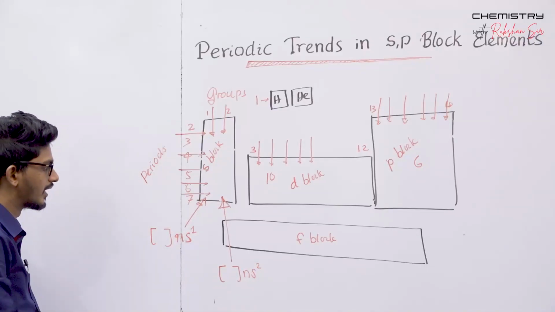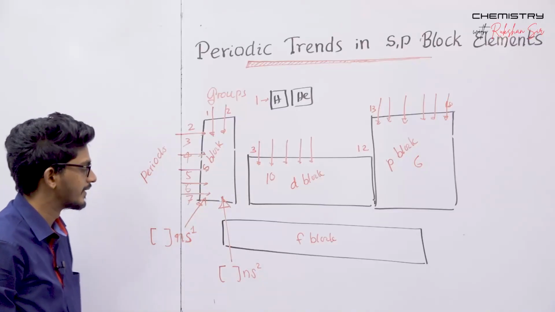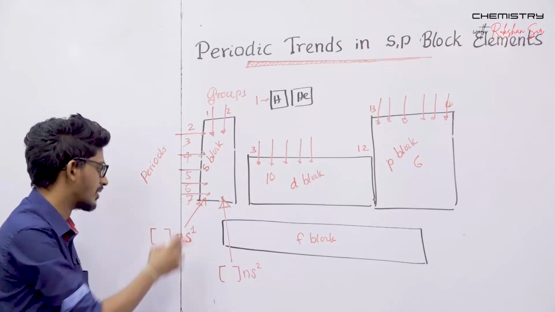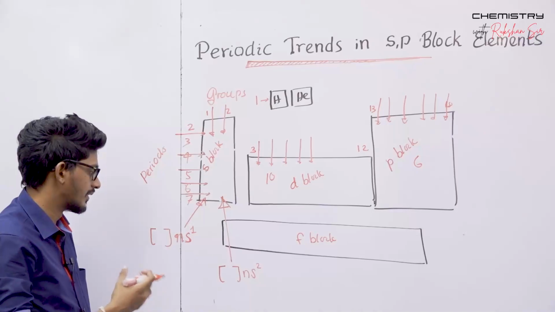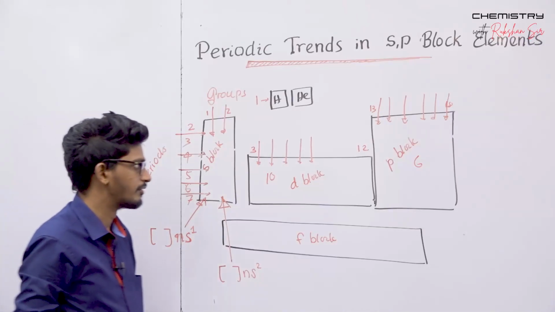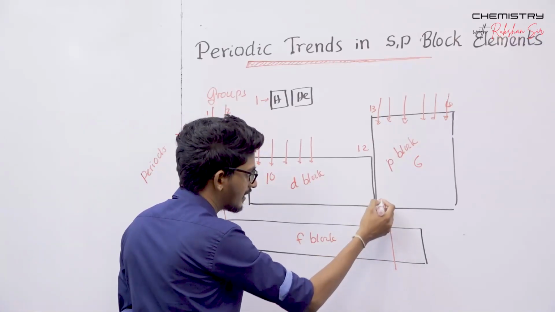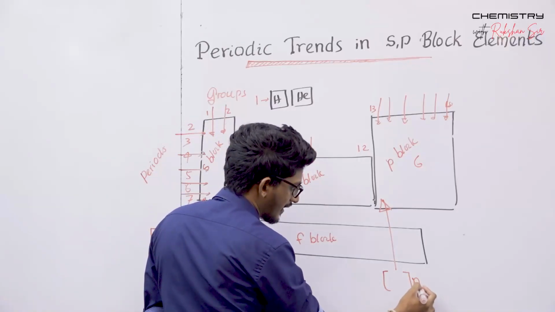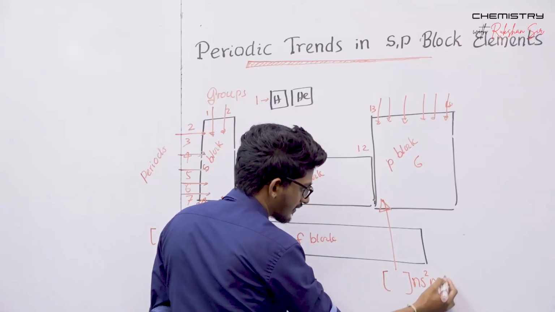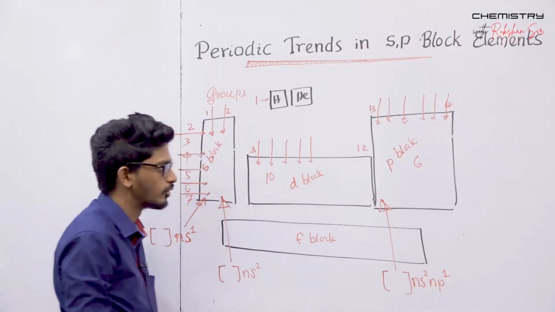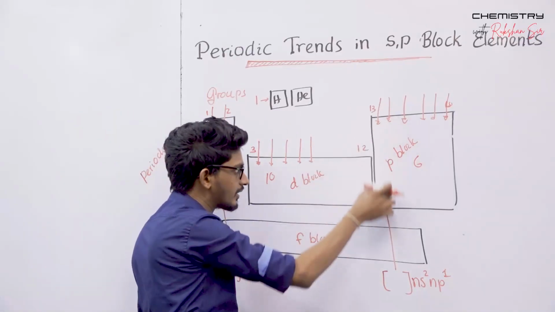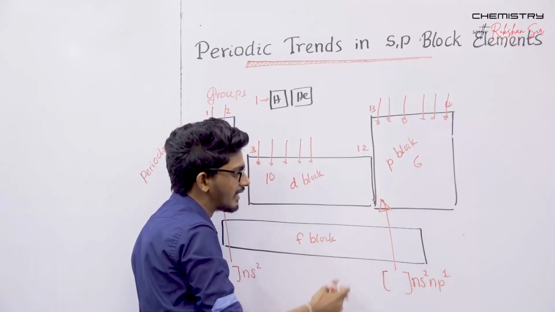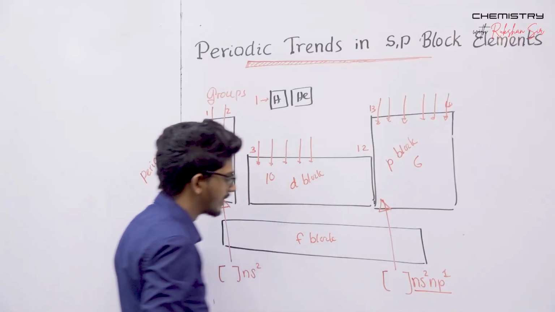So the outer electronic configurations of a group of elements come with a common trend. For the 13th group, the outer electronic configuration would look like ns2 np1.